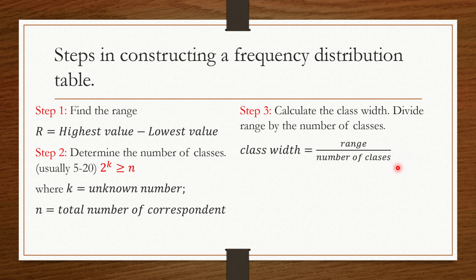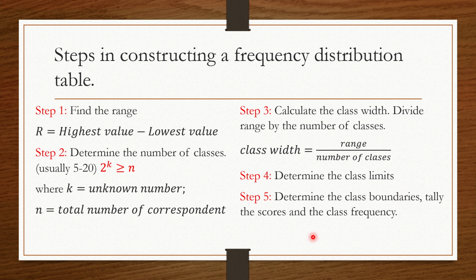Okay? So, ayan. Step 4, determine the class limit. And step 5, determine the class boundaries, tally the scores and the frequency, and find their class mark. So, yan lang naman po yung steps in constructing a frequency distribution table. Okay, so let's have an example sa group frequency distribution.